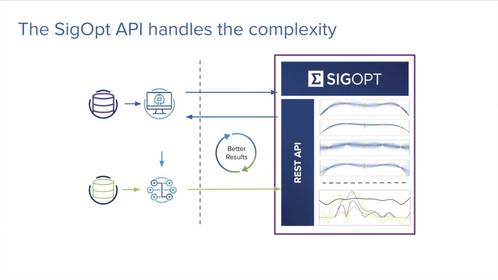Again, our job is to amplify your work. And one way in which we can amplify your work is by making the optimization process more efficient. So if you were to take one thing away from this talk, that should be it. We want to help you amplify your work by doing the most efficient optimization.